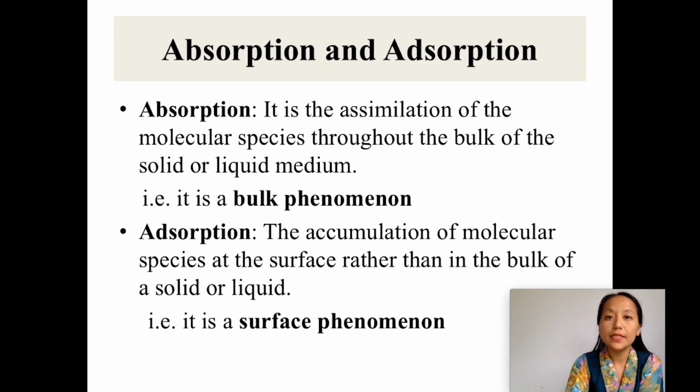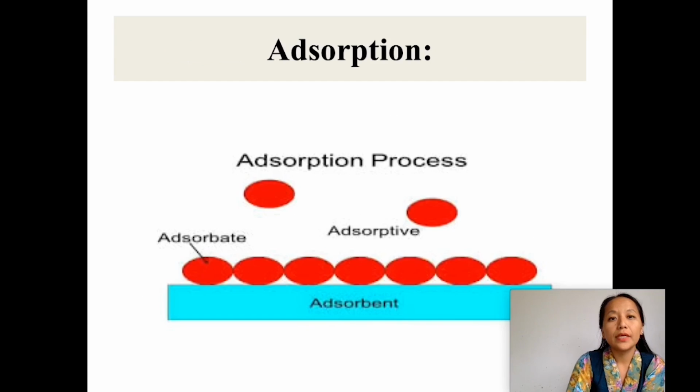That is, it is a surface phenomenon. Now let's move to adsorption. In this chapter, since adsorption is a surface phenomenon, we will be dealing more with adsorption rather than absorption. Absorption is a bulk phenomenon, that's why adsorption is our prime focus in this chapter.